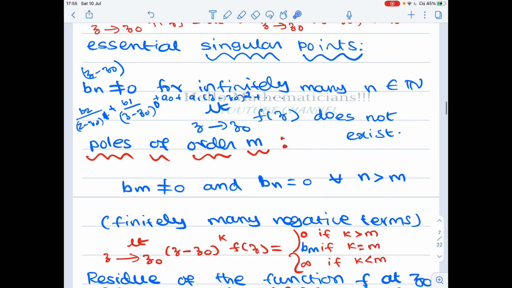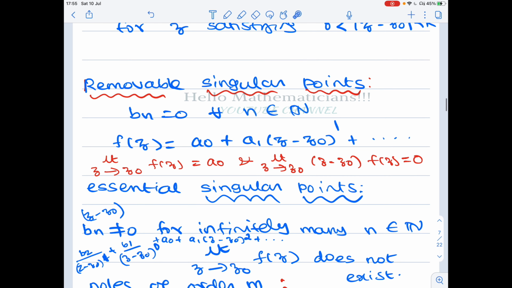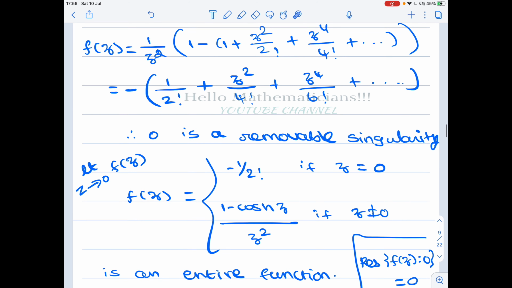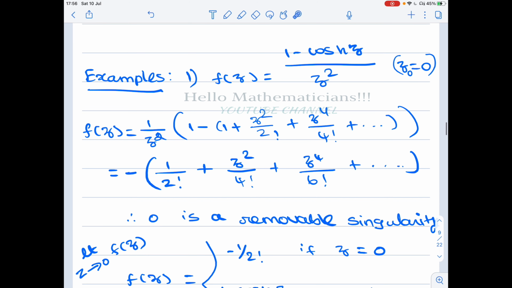We saw in the definition of a removable singularity that if the limit as z tends to z₀ of f(z) is some finite quantity, then it is a removable singularity. Therefore 0 is a removable singularity of this function.